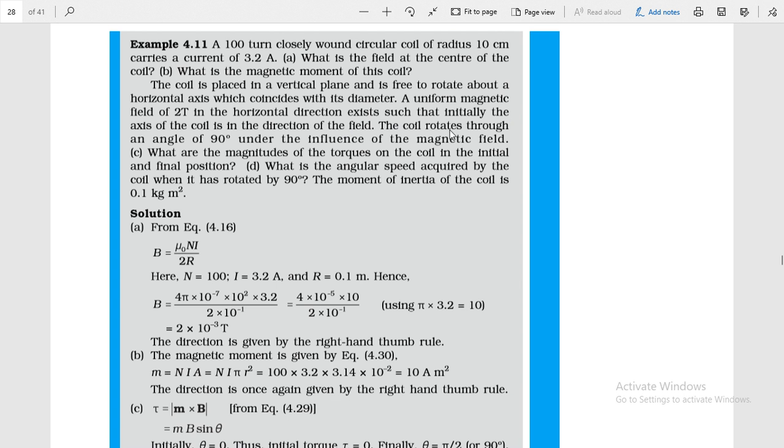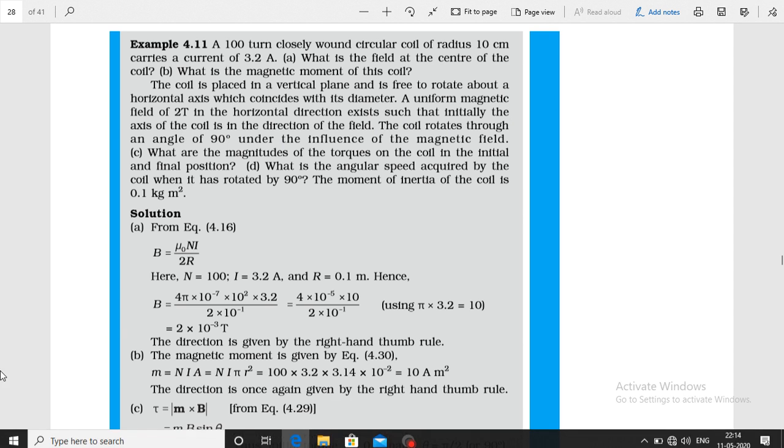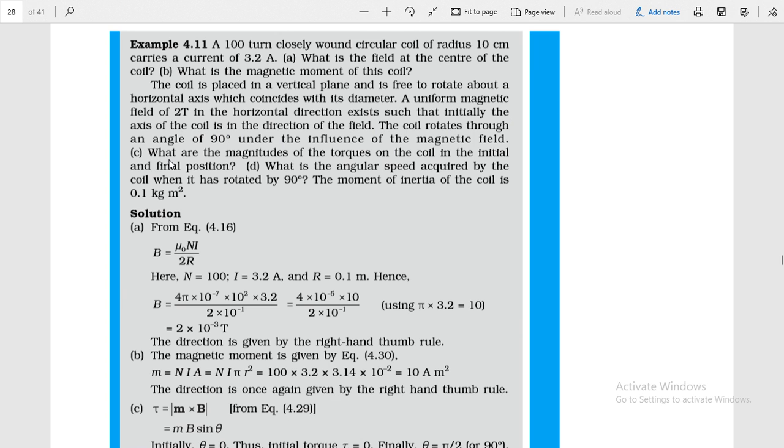The coil rotates through an angle of 90 degrees under the influence of the magnetic field. Then (c), what are the magnitudes of the torques on the coil in the initial and final positions? And the last part of this question is, what is the angular speed acquired by the coil when it has rotated by 90 degrees? The moment of inertia of the coil is 0.1 kg meter square.